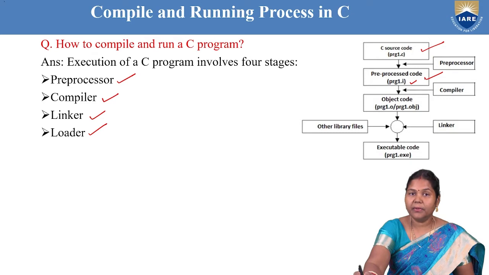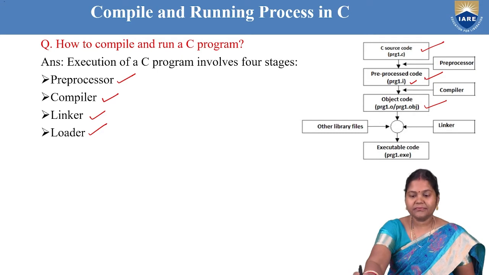That is the intermediate version, called the preprocessed code. Now this preprocessed code will be compiled by the compiler and it will produce the object file .o or .obj file. The compiled code is also known as object code, and the program name is program1.o or .obj.